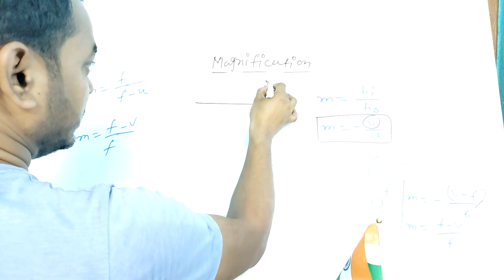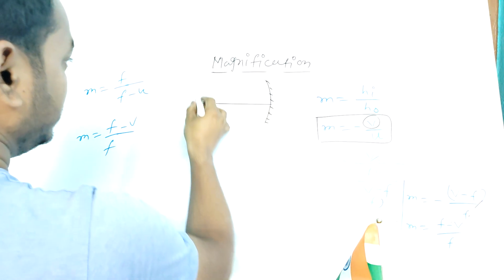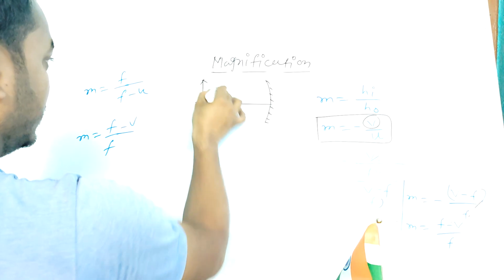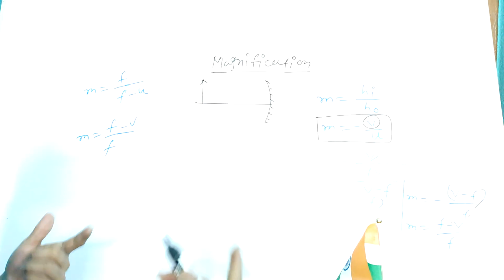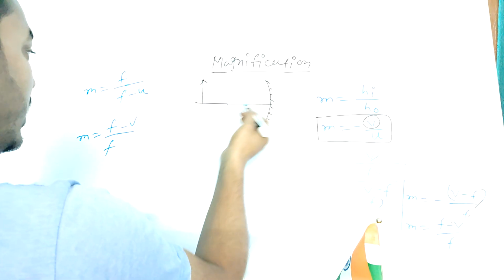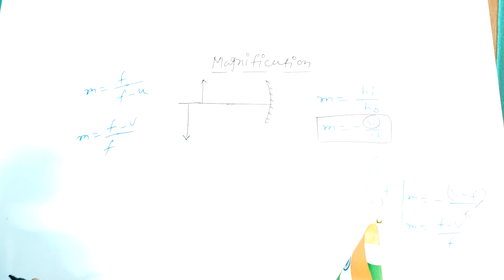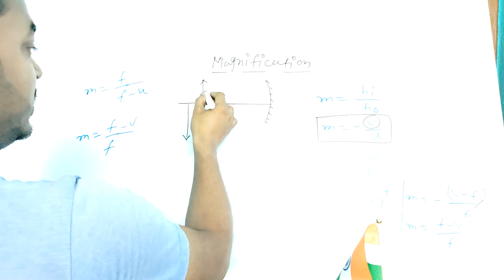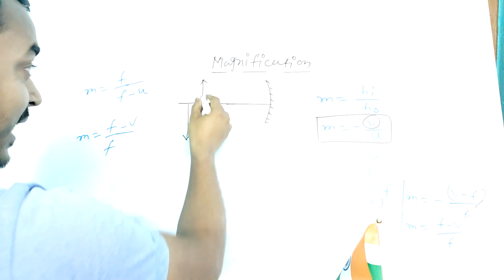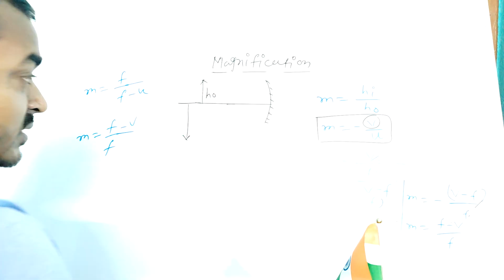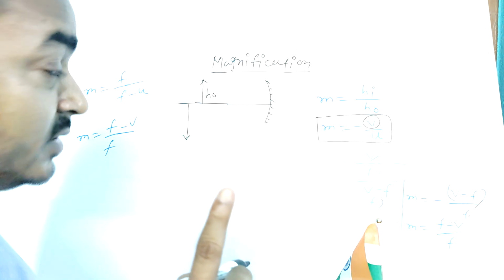So this is the concave mirror. And we are getting one image, which is 5 times the height of the object.